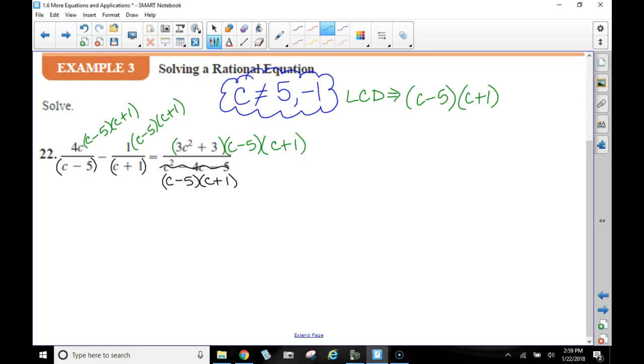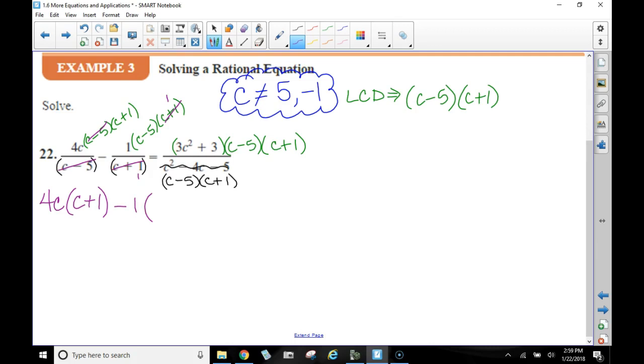Okay, now comes the fun part where we get to start wiping out common factors. First, the c minus 5s will reduce, leaving us with 4c times c plus 1. I'll distribute that in the next step. Next, the common factors of c plus 1 reduce, leaving us with 1 times the quantity c plus 5.